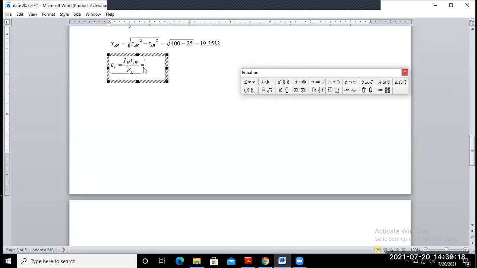IH equals 4, so 4 into 5 divided by 2500 equals 0.008 per unit.